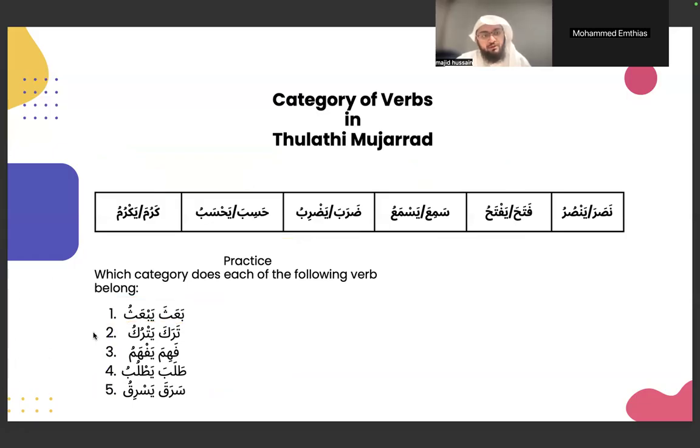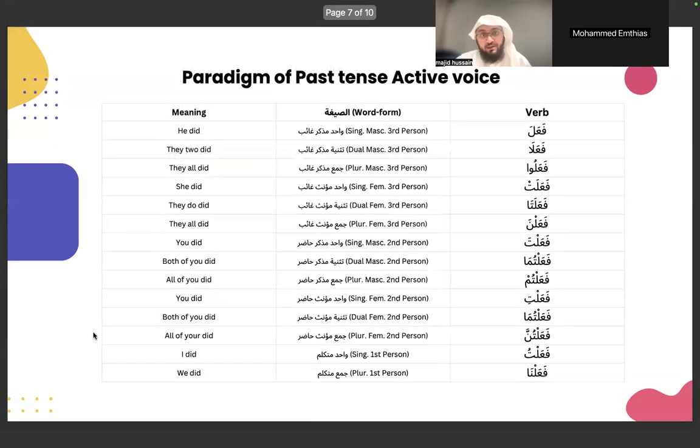Now, we will start today with the paradigm of the past tense in active voice. I will explain this, but this is something that you will have to memorize. My ustad used to say that memorizing the paradigm or the conjugation of these words, if the niyyah is for the sake of Quran, inshallah you will get the ajr of the zikr.